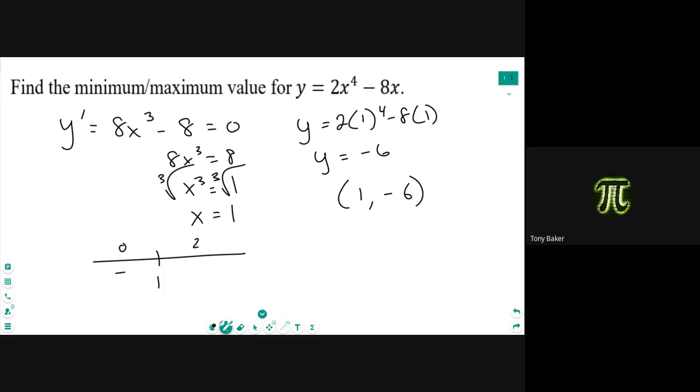And if I plug in 2, it's going to be positive. So it's decreasing into it, increasing out of it. So I know that's a minimum. If I did find the second derivative, we end up getting 24x squared. So at 1, that would be positive, so it's concave up, which means it's also a minimum.